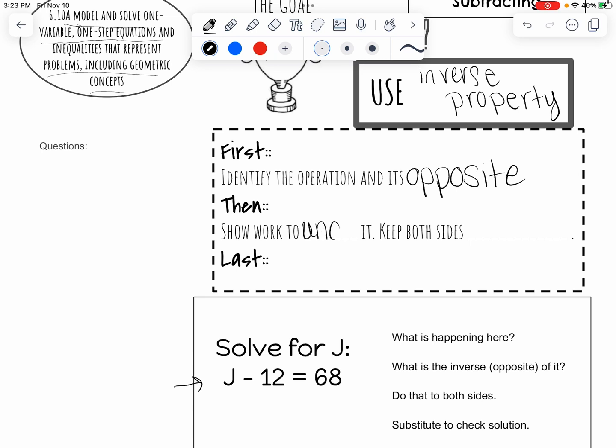So we're going to show the work to undo it. How do we undo subtraction? With addition. And we must keep both sides balanced. That means if I'm going to add on one side, I'm going to add on the other. Or if I'm going to subtract on one side, I'm going to subtract on the other.